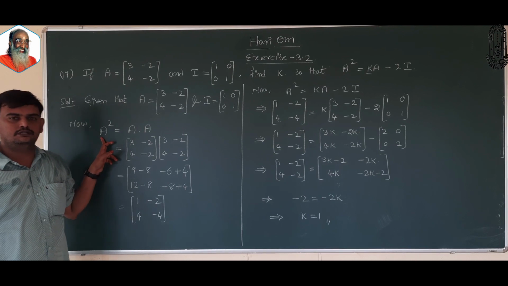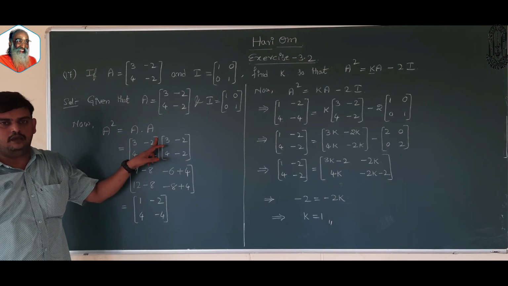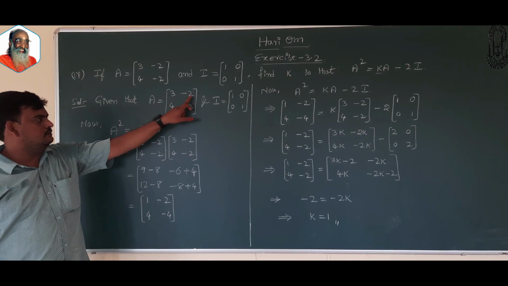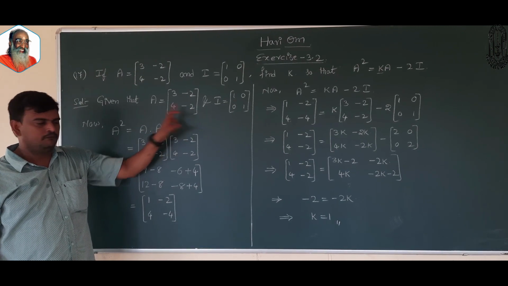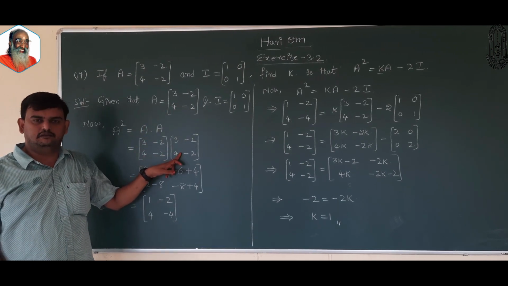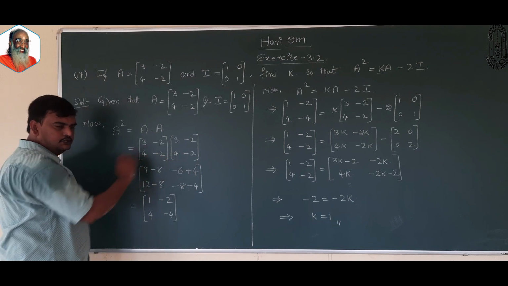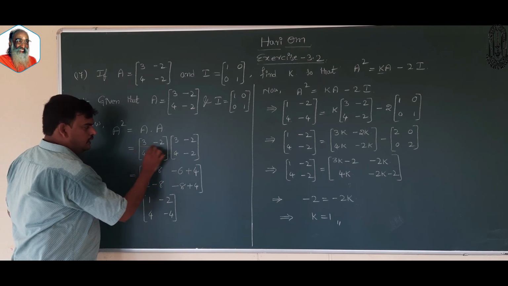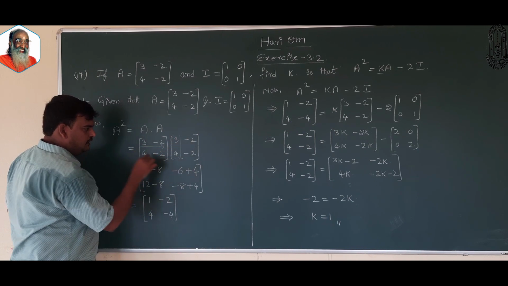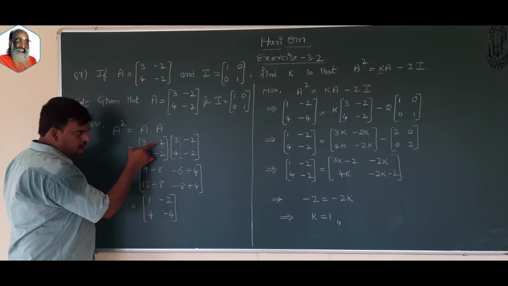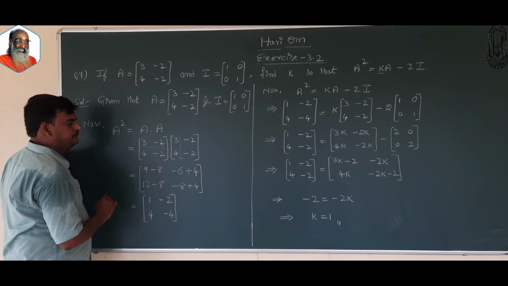As we know, A squared is nothing but A into A. The matrix A, [3, -2; 4, -2], we are multiplying with itself. When we multiply these two matrices, row 1 is multiplied with column 1 elements: 3 threes are 9, minus 2 into 4 is minus 8.